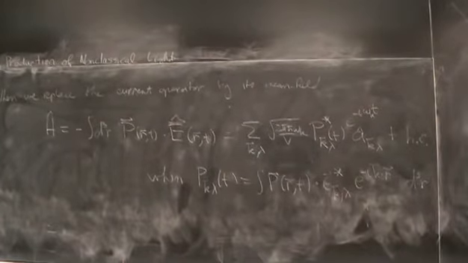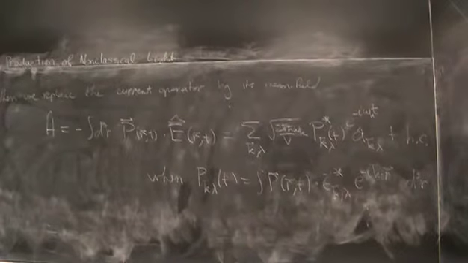So now, if this is my Hamiltonian, then if I start the field in the vacuum and I let the current do its job, what state of the field do I get at a later time?